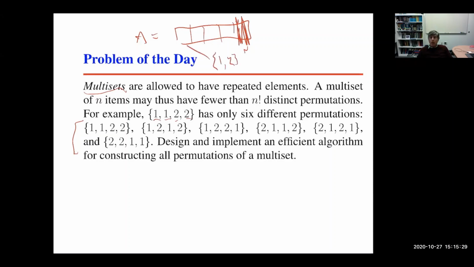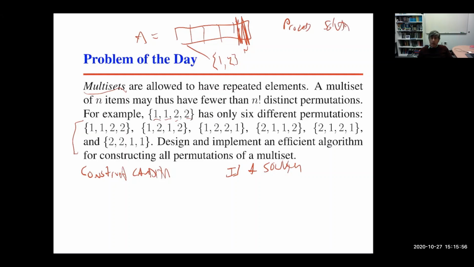So what do I need to do? I need to fill in 3 different routines: construct candidates, is a solution, and process solution.